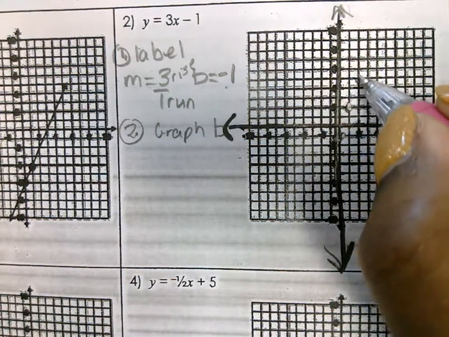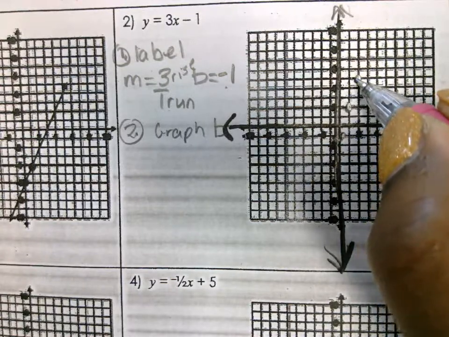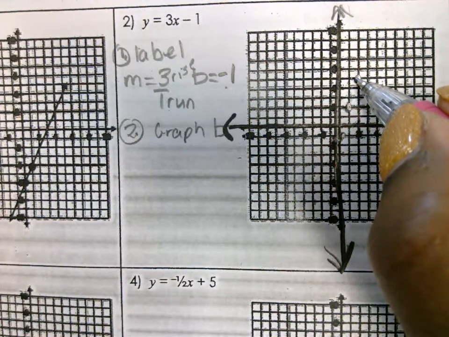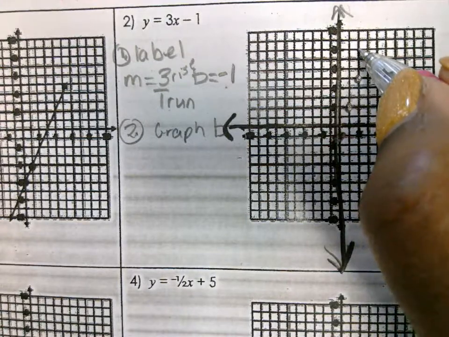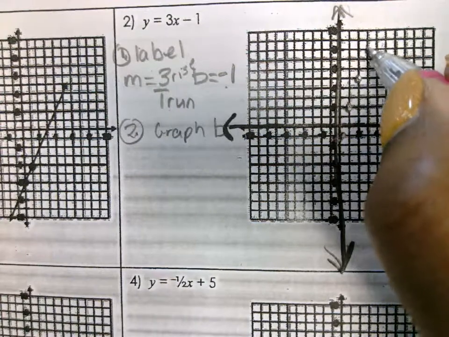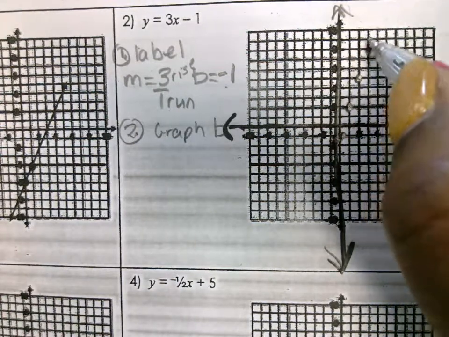Put your point there. Are we running negative 1? We started at negative 1. I'm going to rise 3 again: 1, 2, 3, and run to the right 1. I'm going to rise 3, 1, 2.